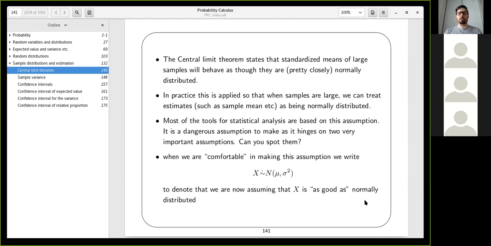Whenever we are comfortable with assuming that a variable is close enough to being normally distributed, we denote it like this. The dot there means that we are approximating x's distribution with a normal distribution, or x is as good as normally distributed.